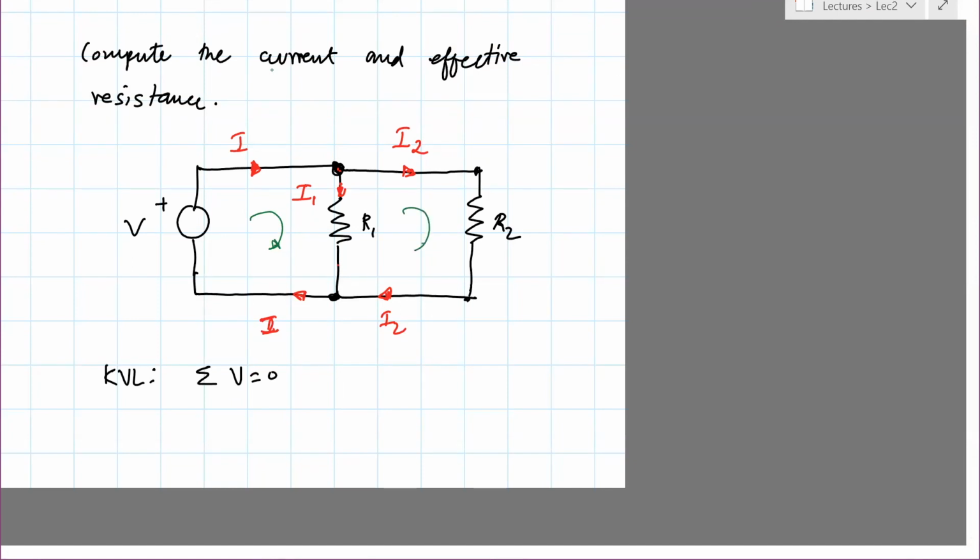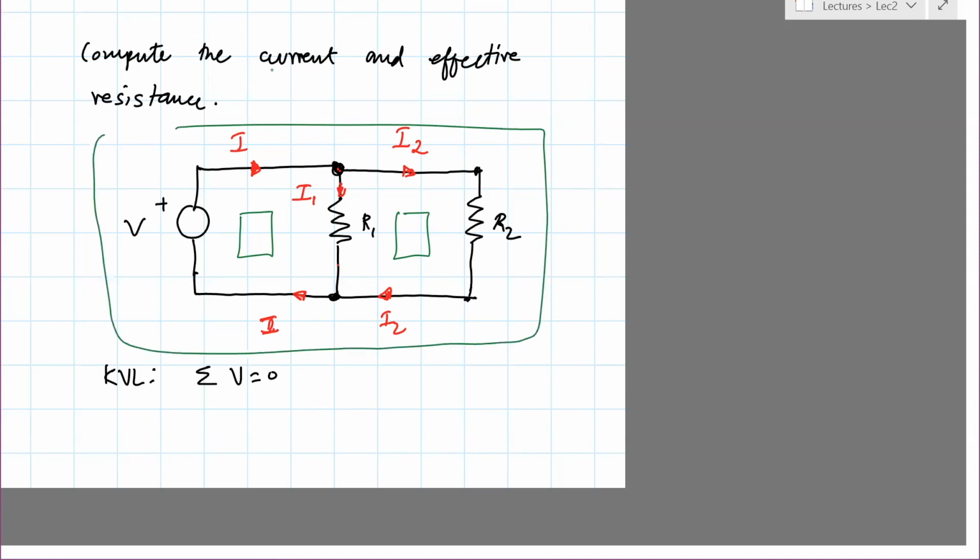There's a second loop, and then there's this third loop, the whole thing. And it's perfectly fine if you use KVL on any of these. In fact, you shouldn't use it for all three loops. You only need to use it for two loops in order to solve for the things you're interested in, I1 and I2, provided you use the KCL also.